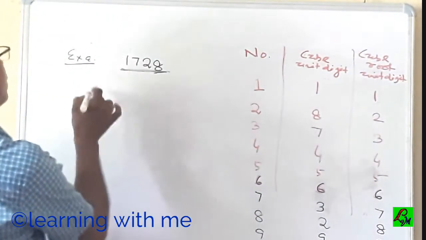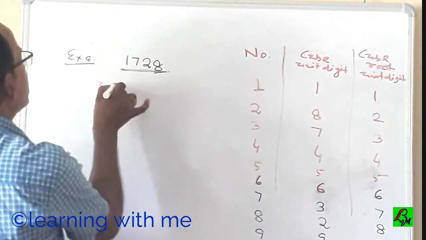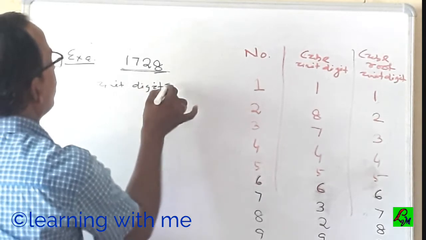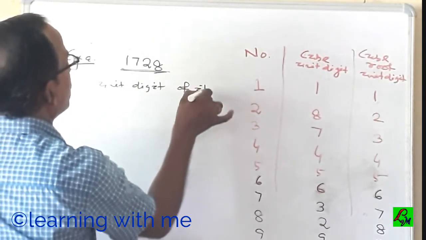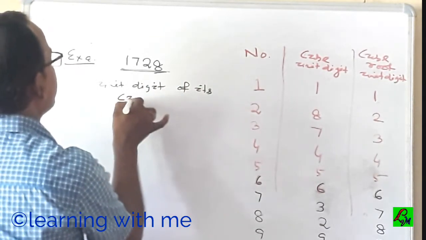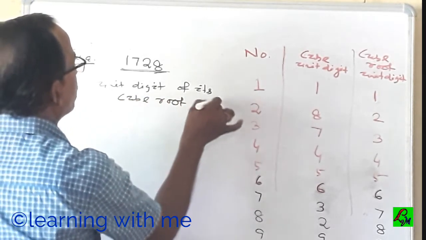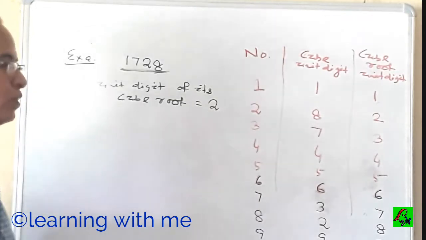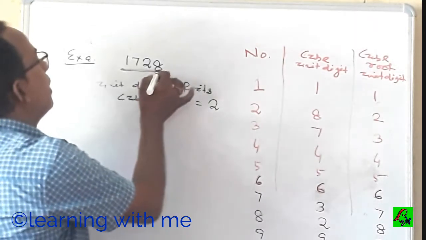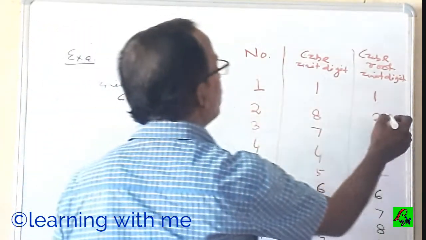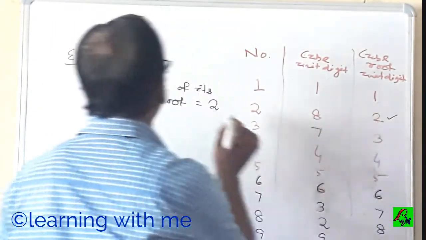If the unit digit of a cube number is 8, its cube root unit digit will be 2. So the unit digit of its cube root equals 2.